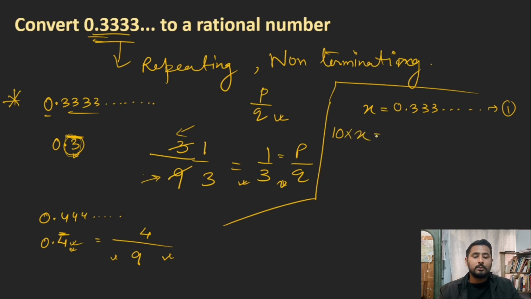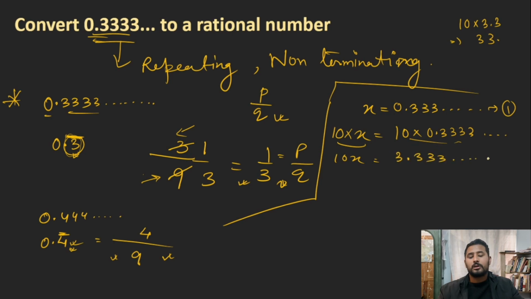It will be 10 into x equal to 10 into 0.3333 and so on. So 10 into x will be 10x. When you multiply this, the decimal point will shift to the right. Suppose you have to multiply 10 into 3.3, your answer will be 33, because the point will shift to the right. Always remember. So this will become how much?